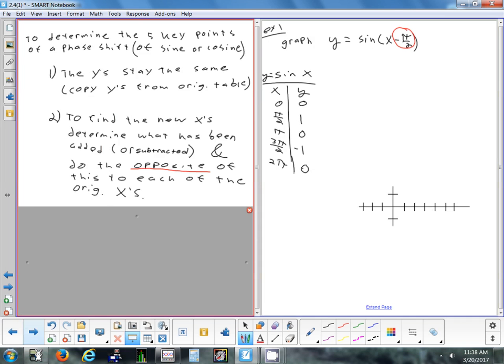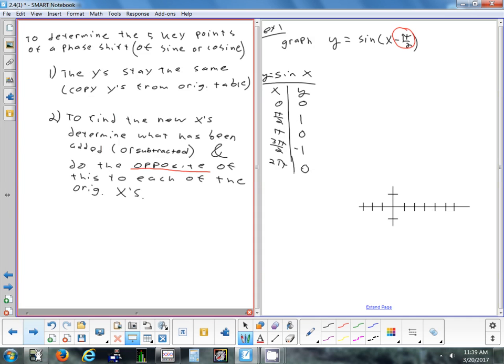Okay, so it's a little confusing, but we just got to keep that straight. Look at what's been added or subtracted. In this case, I've subtracted pi over 2. I want you to do the opposite of that to all the original x's. So you see minus pi over 2. I want you to do plus pi over 2 to all the original x's.